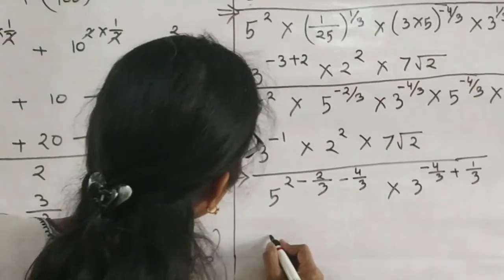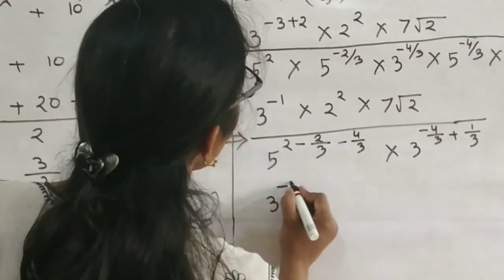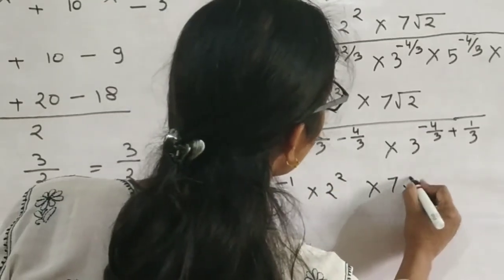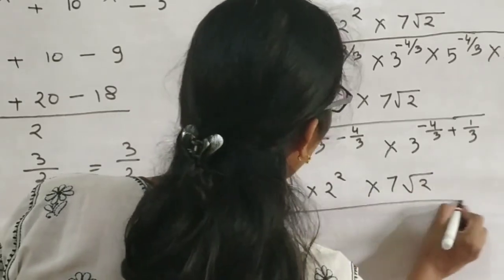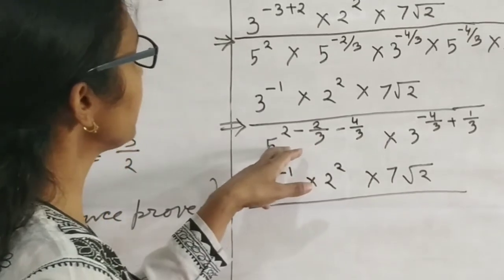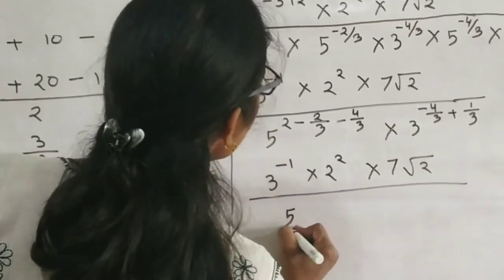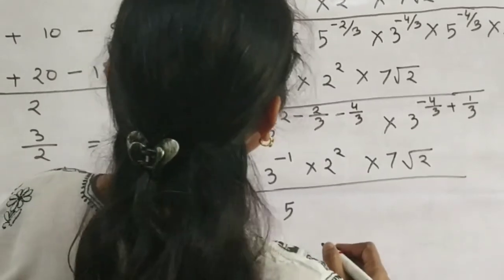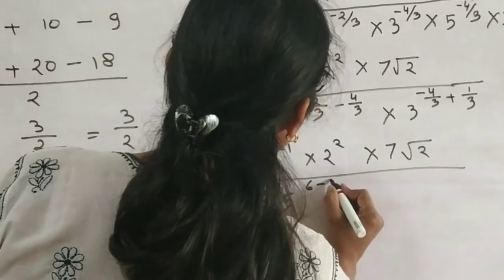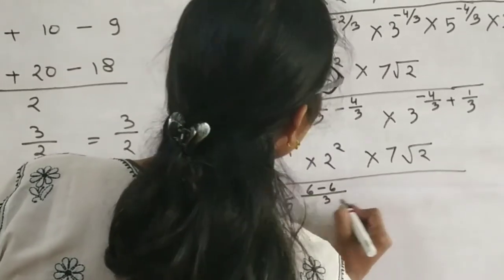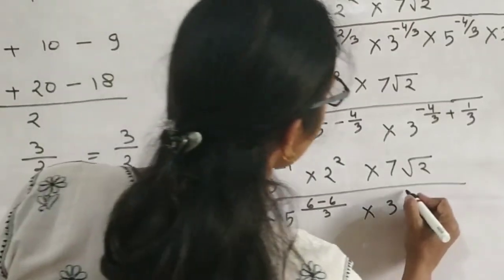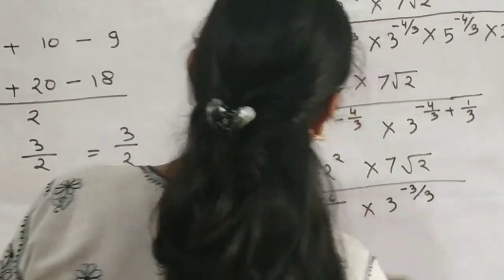Now, 3 power minus 1 into 2 to the power 2 into 7 under root 2 upon. If we solve this power, it will become 5 to the power 6 minus 6 upon 3 into 3 to the power minus 3 upon 3.